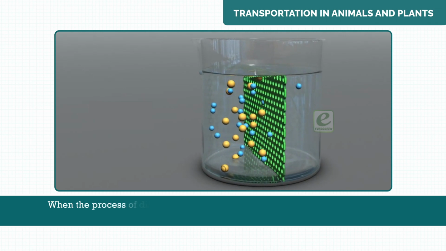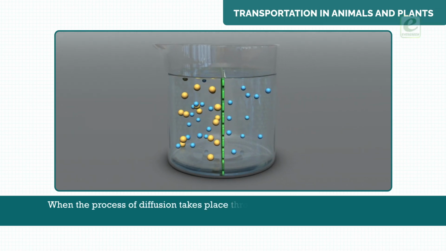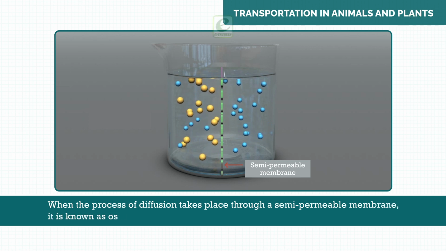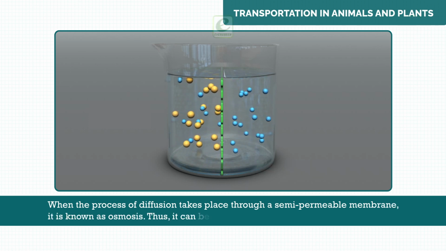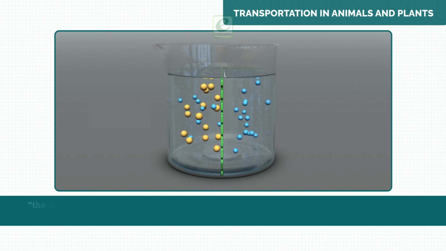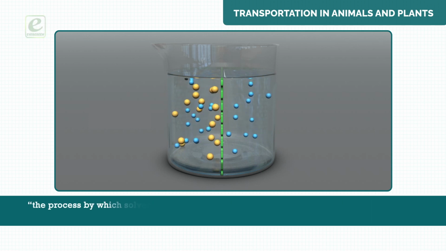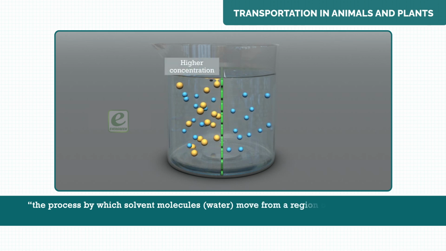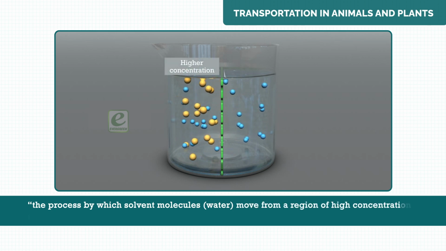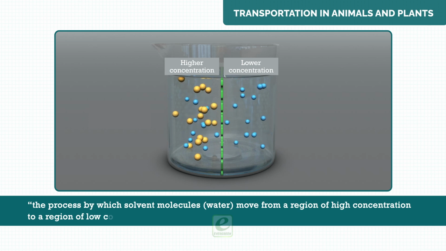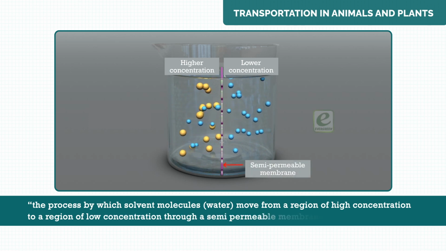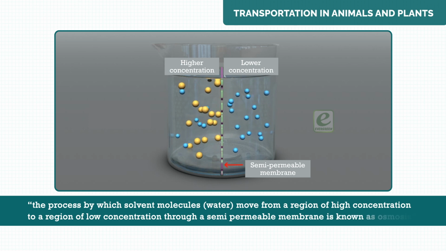When the process of diffusion takes place through a semi-permeable membrane, it is known as osmosis. Thus, it can be defined as the process by which solvent molecules of water move from a region of high concentration to a region of low concentration through a semi-permeable membrane.